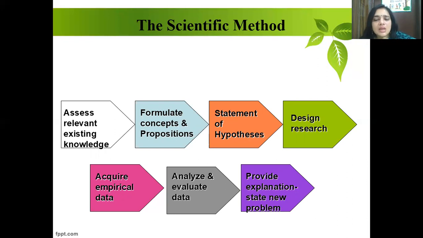There are so many things. Age is not the only criterion to judge the height of a child. So that is why we need to check concepts and propositions already available in the field about the same topic.